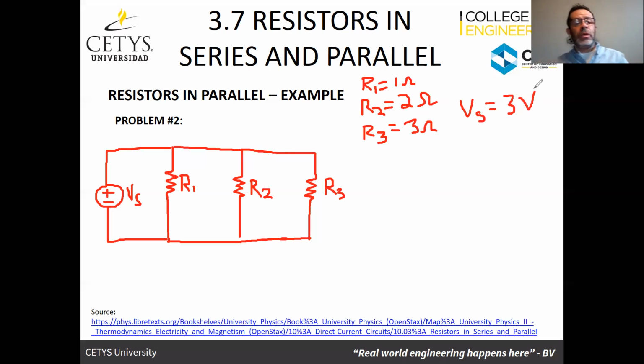Now, the first thing we want is to find the equivalent resistance. So in the end, we want to turn this circuit into an equivalent circuit for the purpose of the analysis, where we've got our power supply and one resistance, which is our equivalent resistance.